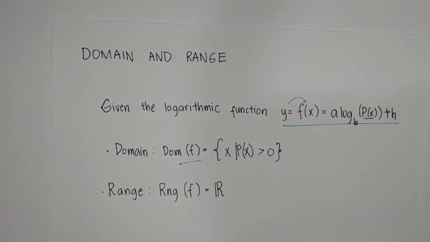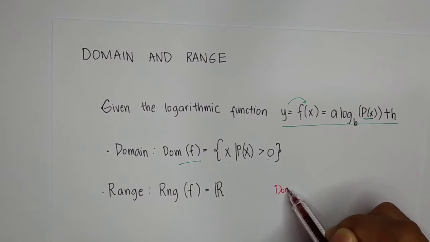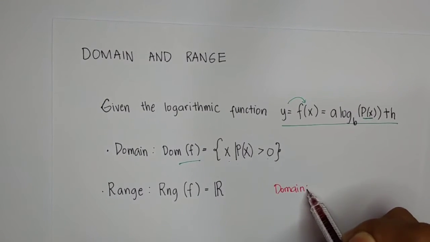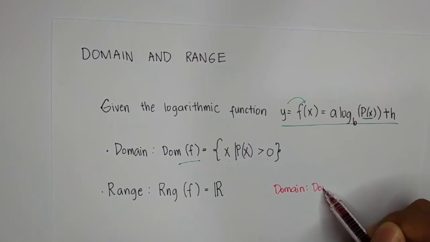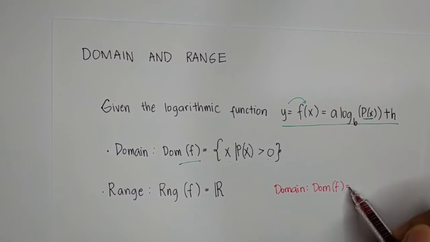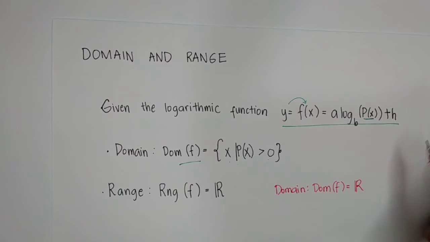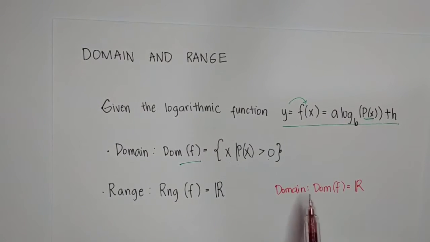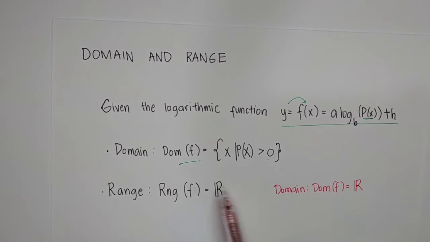Since inverse siya ng ating exponential function, yung domain ng ating exponential function is the set of all real numbers. So kung ano yung domain ng original function, that is the range of our inverse. That's why yung range ng ating logarithmic function is equal siya sa domain ng ating exponential function.